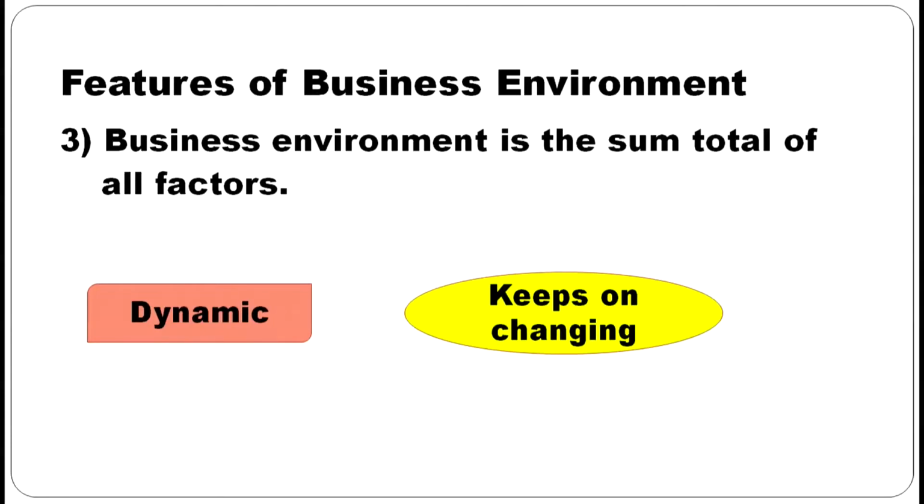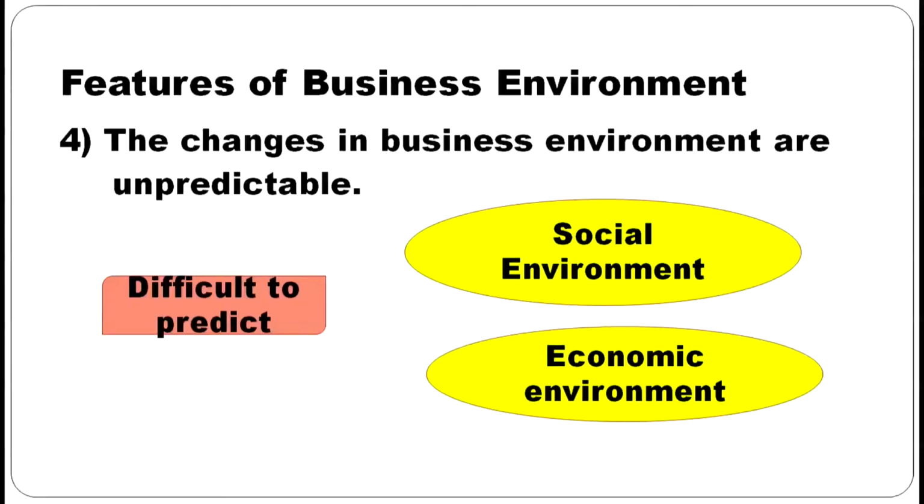Our environment will change because business is dynamic and environment is also dynamic, changing. We cannot predict the changes in the business environment. It is very difficult to predict. Society, how the society is going to change.